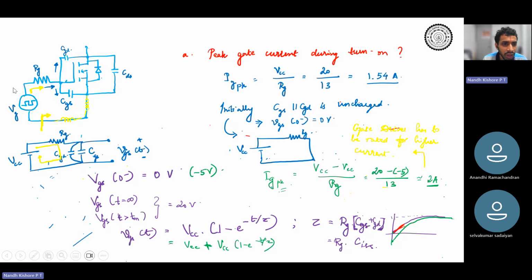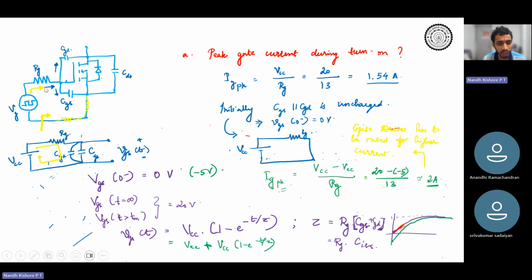I am dumping charge into the gate capacitance when I want to turn it on. When I dump charge, the voltage across CGS increases, it goes beyond threshold, and the device starts conducting. So this is during the turn on period. Now imagine what would happen during the turn off period. I want to make sure that the gate source voltage goes below threshold voltage so that the device turns off.